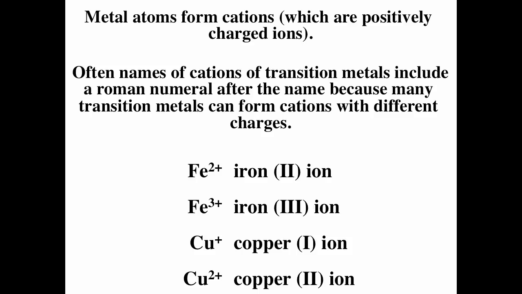So for instance, iron can form a +2 ion or a +3 ion. And so with transition metals, typically you need to put parentheses with a Roman numeral corresponding to the charge to it. And so for iron +2, you'd write it iron(II) ion. Iron +3 would be iron(III) ion, copper(I) and copper(II).